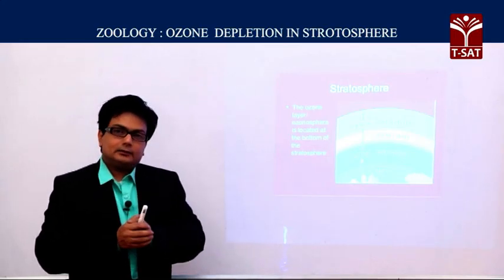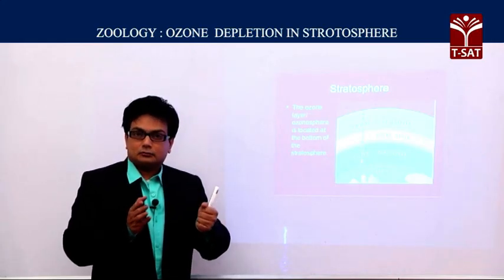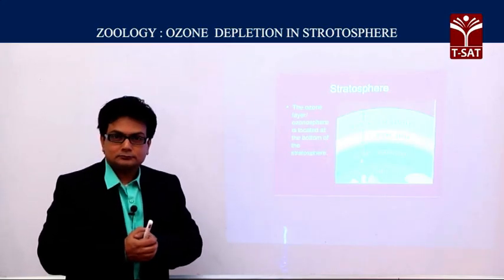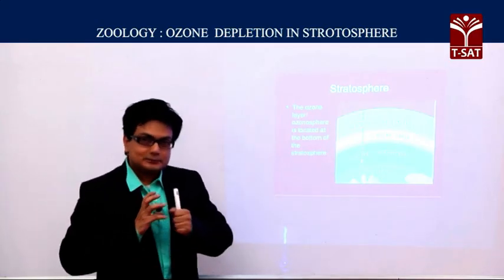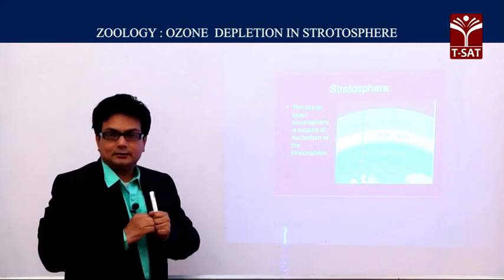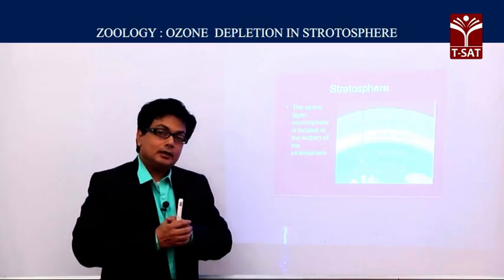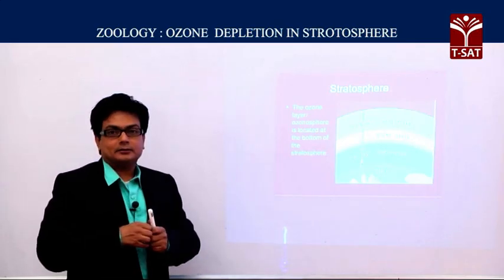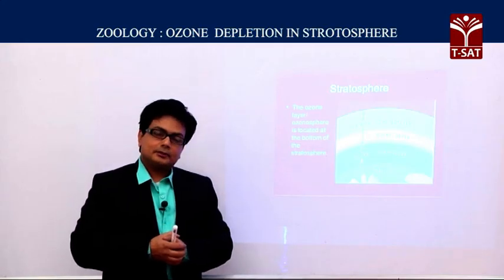Now let us talk about ozone, which is divided into two types: the good ozone and the bad ozone. When ozone is present at that altitude, that's good ozone because it does not allow the UV radiation. But the ozone which is formed in the troposphere is certainly very harmful to the living organisms.